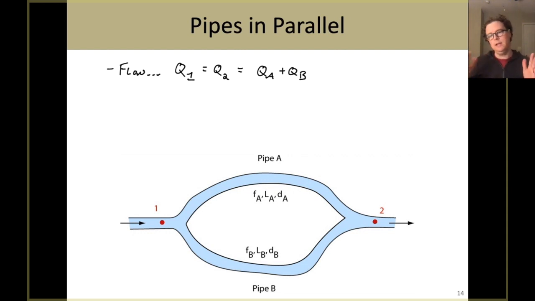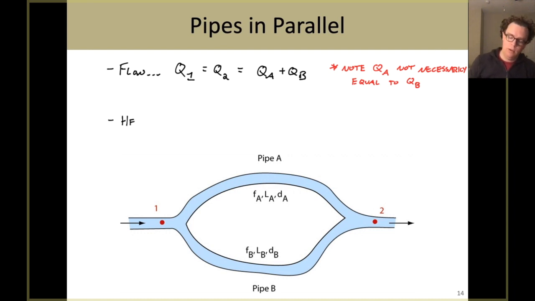Mass rate in has to equal mass rate out. But the way that it splits, the way that it divides between A and B does not have to be equal. And so in most cases, QA and QB will not be identical. It's possible for them to be identical, but it's typically not the case.